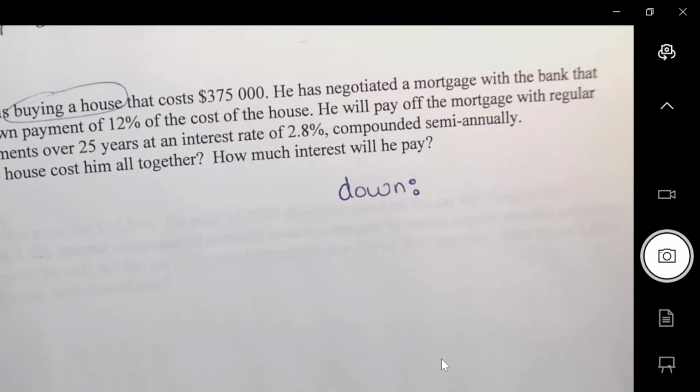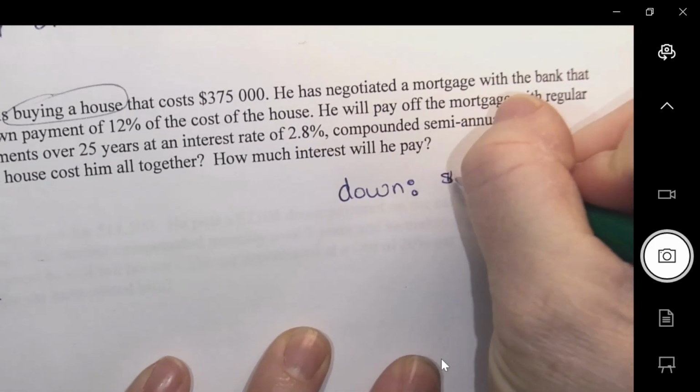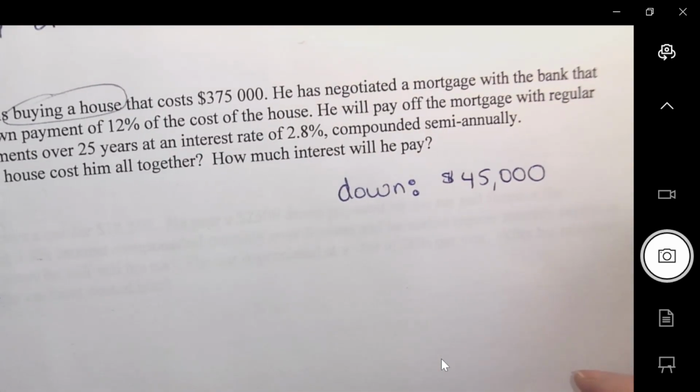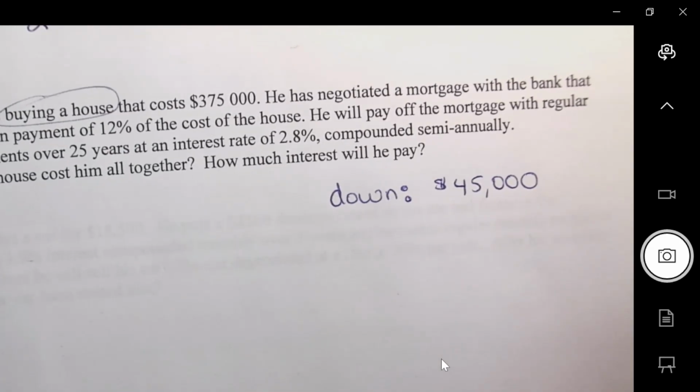So how much money did you put on your house on the first day? What can you do 12% of? I'm going to have to pay $45,000 on day 1.